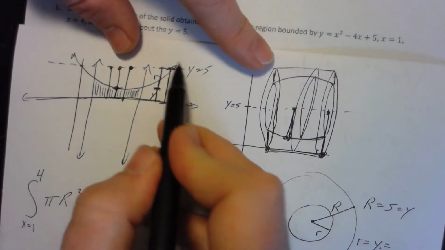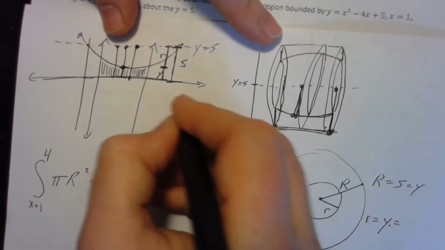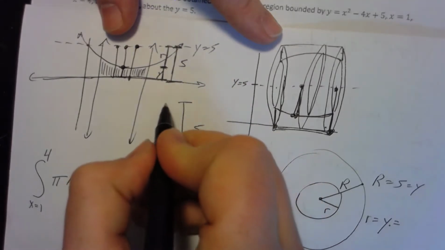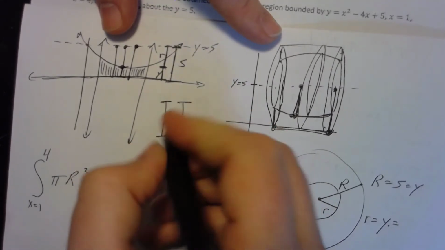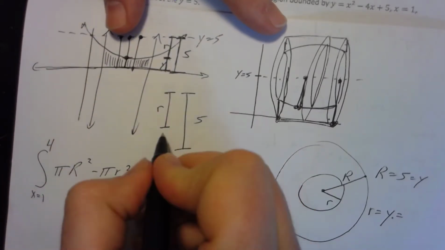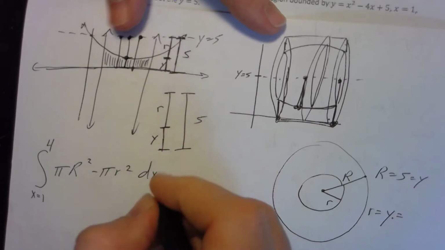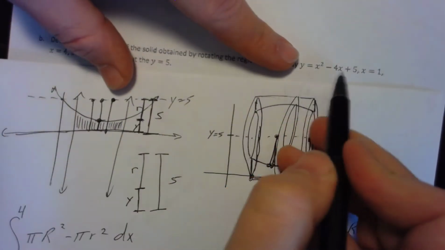So if I utilize these three pieces, these three lines, I'm going to draw them more clearly here. That distance was 5. The distance from the axis to the actual region was r, the lowercase r. And then from that lowercase r to the axis, that's actually the distance of y coming from this equation.